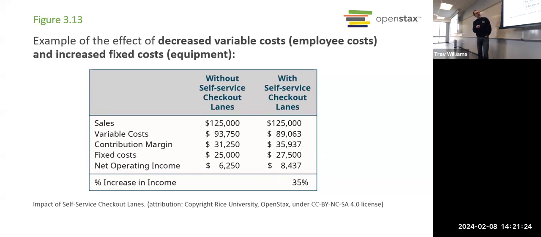So in this particular example, you see sales stay the same. Variable costs have gone down with the new self-checkout, which means contribution margin goes up. But the fixed costs are higher, right? Because they had to invest in that machinery. And in this case, they still came out ahead. So it would make sense for the company to do that from a financial perspective.